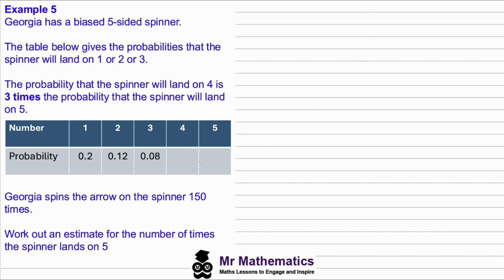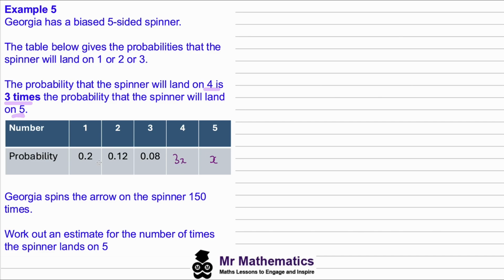So how did you get on? The first thing we need to do is to work out the probability of it landing on a 4 or a 5. And we're told the likelihood of it landing on a 4 is 3 times the probability of it landing on a 5. So if we let the probability of a 5 be x, then the probability of 4 will be 3 times this, which will be 3x.